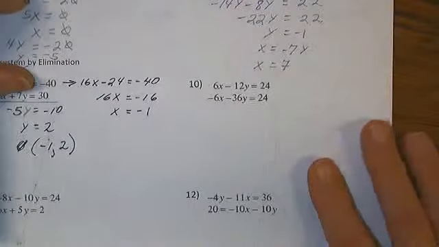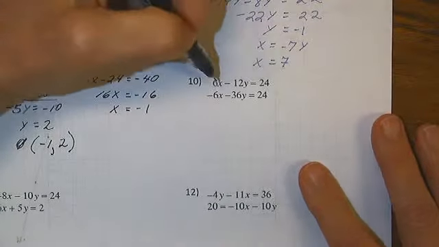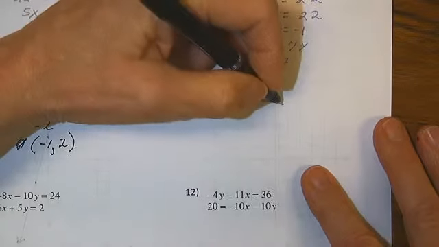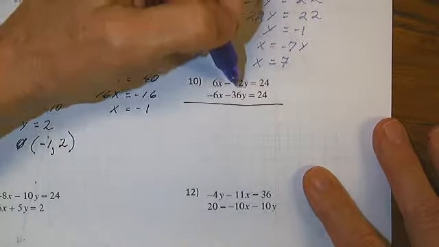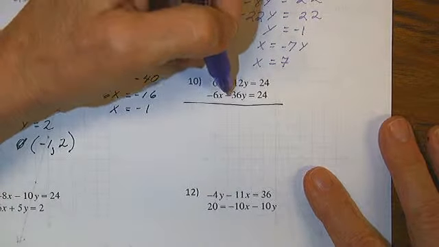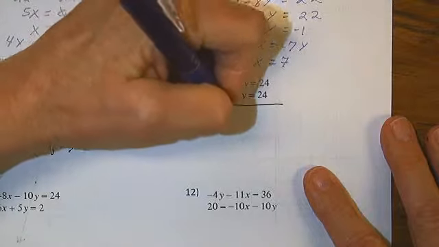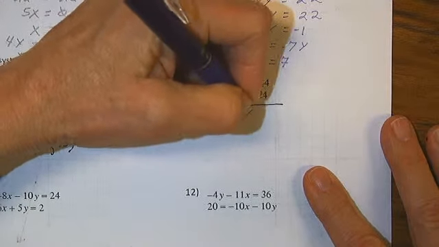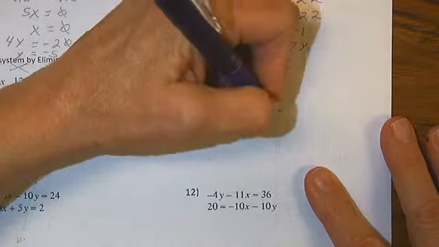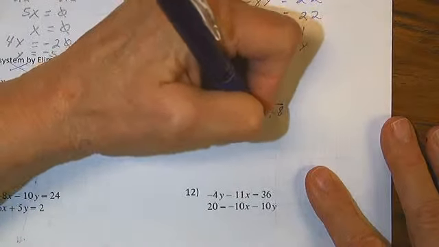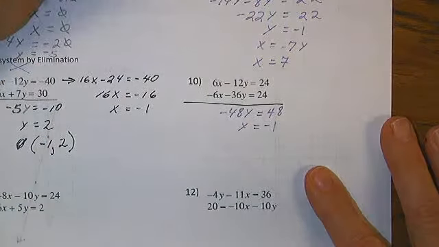Okay, let's do one more. 6x minus 6x is 0. Negative 12y plus negative 36y is negative 48y, equals 24 plus 24 is 48. y equals negative 1.